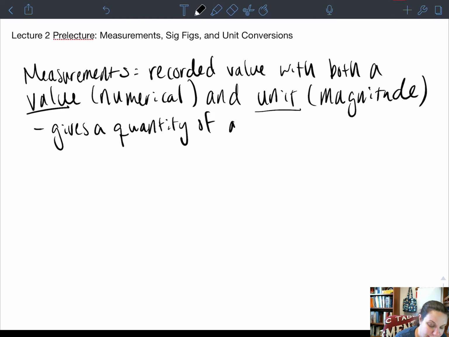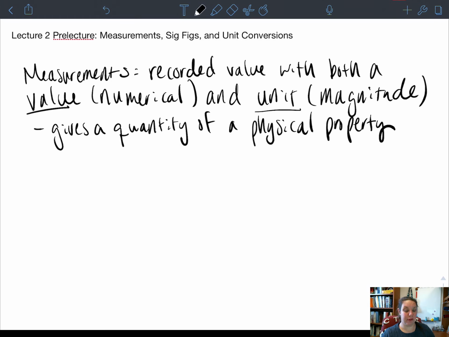Of a physical property. Right. So we will always have units here. We will always have a value here. And when we take a measurement, the numbers we put on there give us information about it.